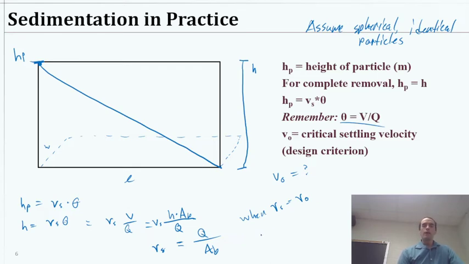So when we have that, that's when we said H is equal to HP, and so we can write V naught is equal to Q over AB. So really, I probably should have just said V naught the whole time here, but I think the point should be clear. And I believe I'm giving you this on your equation sheet.